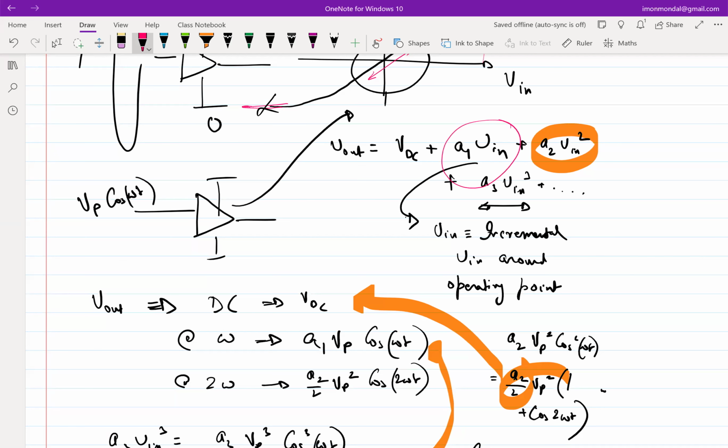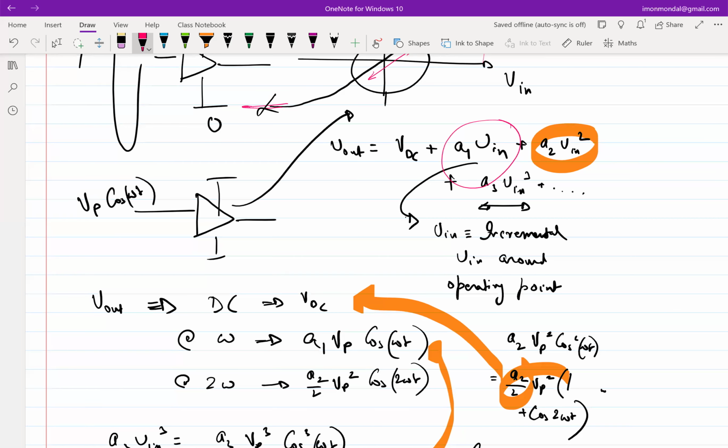Now, for that to happen, clearly you cannot have this assumption valid for all values of V in, right? Because V in cubed will be stronger for larger values of V in than for smaller values. So let's say I take these two terms, A1 V in plus A2 V in squared.